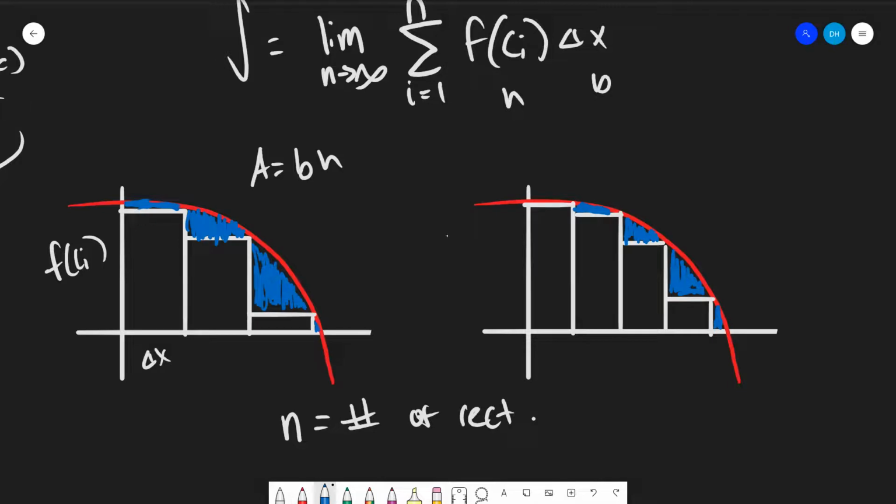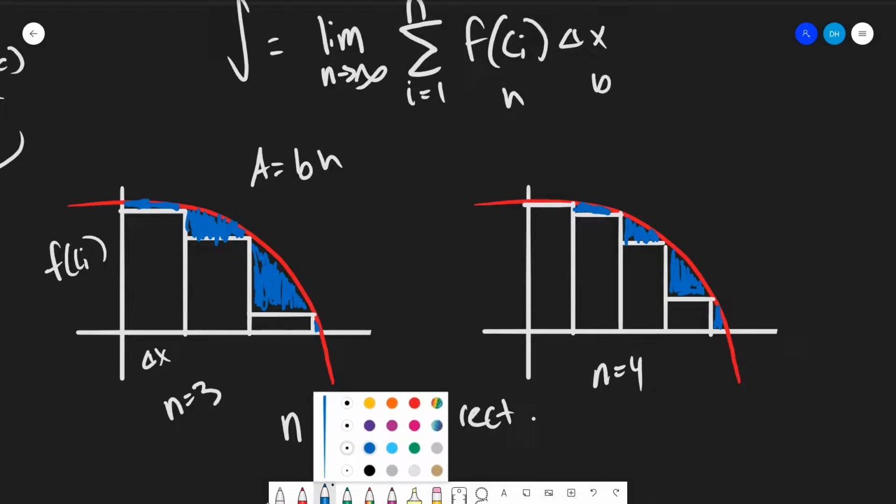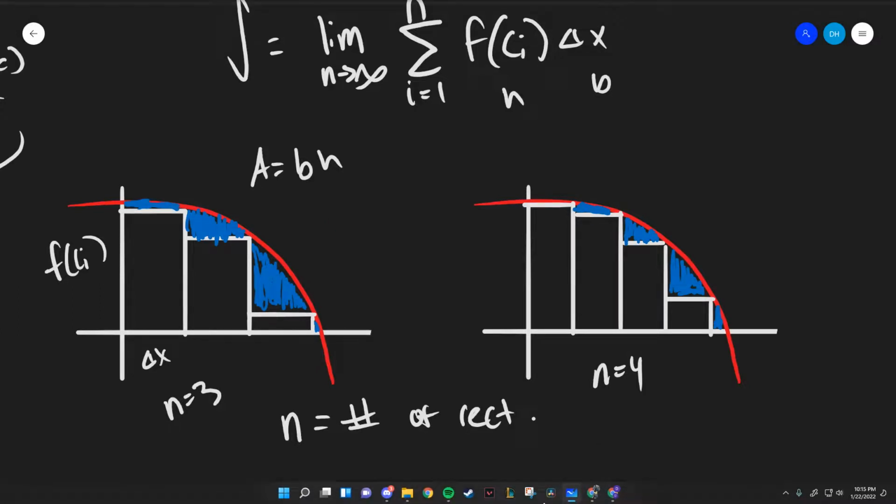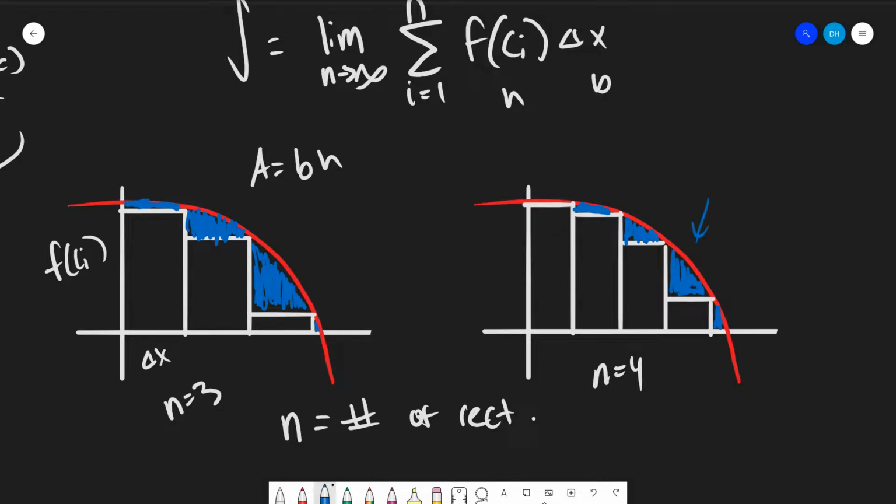And on the left, our n is 3, and on the right our n is 4. You can see that the blue shaded area is all the space that's unaccounted for. When we're calculating the area of each rectangle, we're not calculating this blue area. And as we have more and more rectangles, that blue area becomes less and less until we've got a number that's really close to the actual value of the area underneath the curve.